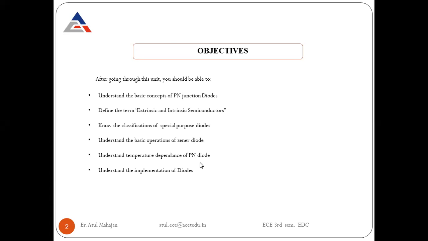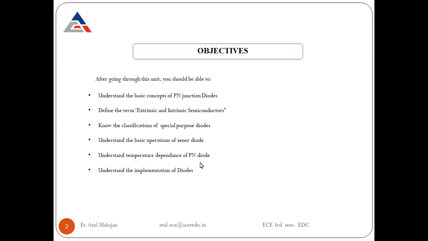Then we'll be discussing the terms extrinsic and intrinsic semiconductors. The extrinsic and intrinsic semiconductors are basically the two types of semiconductors which are most commonly used as semiconductor devices in electronic components. Because as we all know, what is electronics?